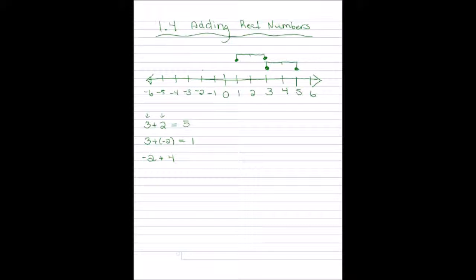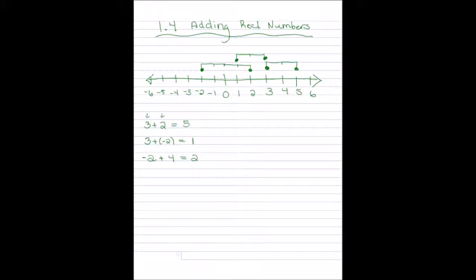So let's put a dot at -2. And then it says plus 4. So that means because it says plus 4, you're going to jump forward 4 units. 1, 2, 3, 4. And look what number I ended up at. I ended up at a +2, which in this case the answer is going to be +2.